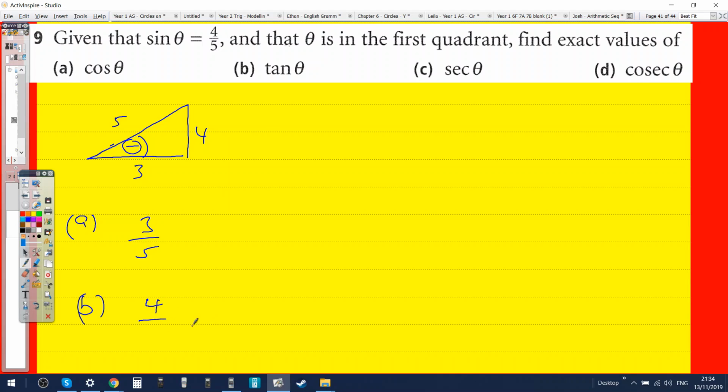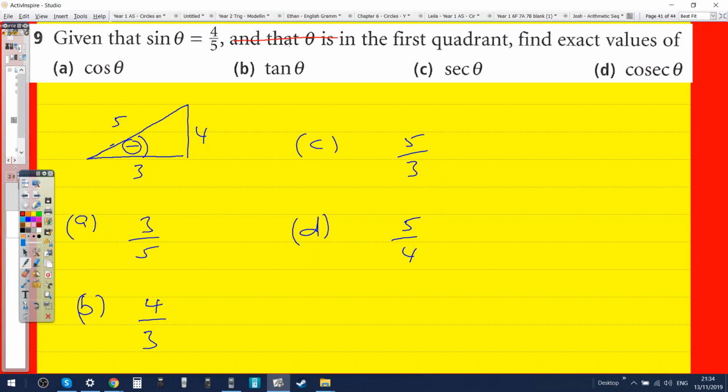Opposite over hypotenuse. That's sine. Now let me change the question.